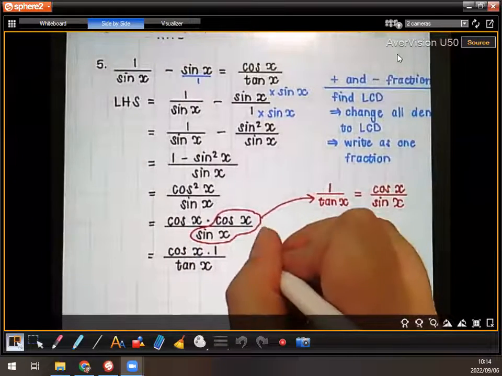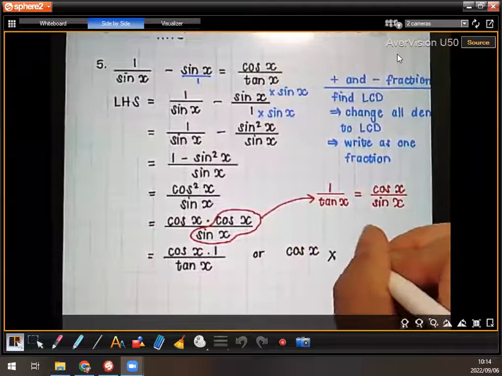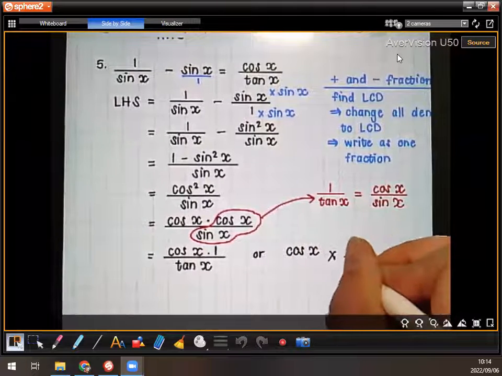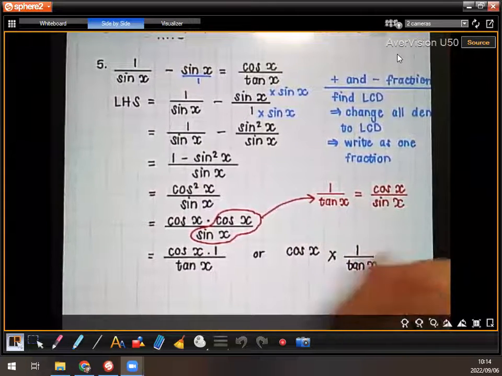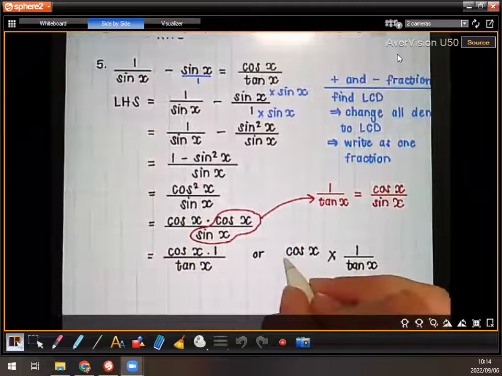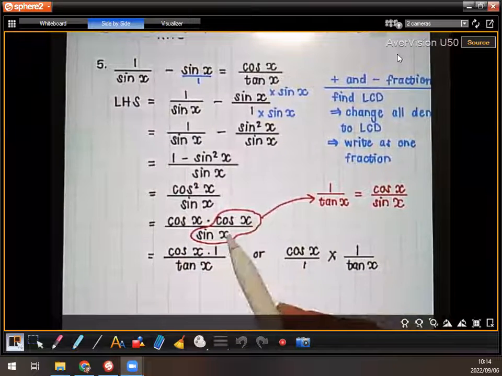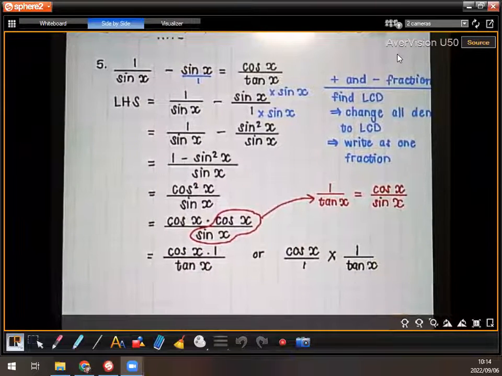Or, if that is a bit confusing, you can write it like this. Cos x times 1 over tan x. Maybe that feels good to you guys. We had our cos x at the top, which is the same as cos x over 1, right? And cos over sin is 1 over tan.